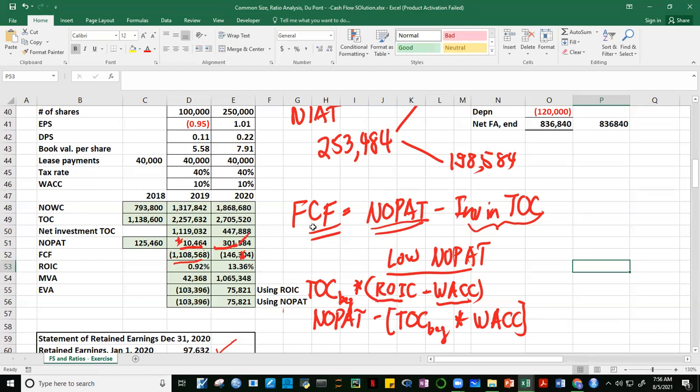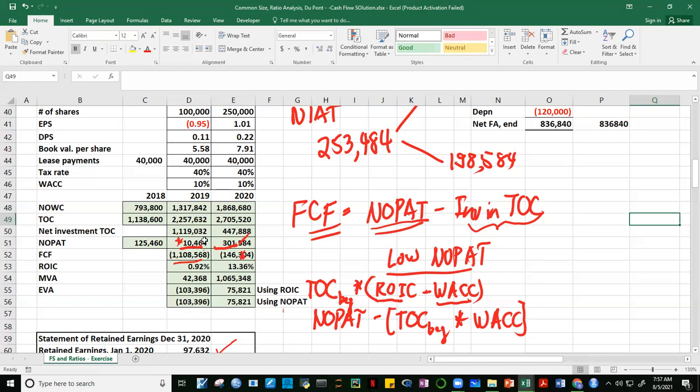Now, if it's negative because there was a huge investment in TOC, okay yun. Kasi alam natin, pag nag-i-invest sa TOC, that's potential for generating profit. Kasi operating capital is needed in order to generate sales. So kung ang dahilan kung bakit negative yung free cash flow is because there was a huge investment in TOC, just like this, there was 1.12 million investment in TOC.